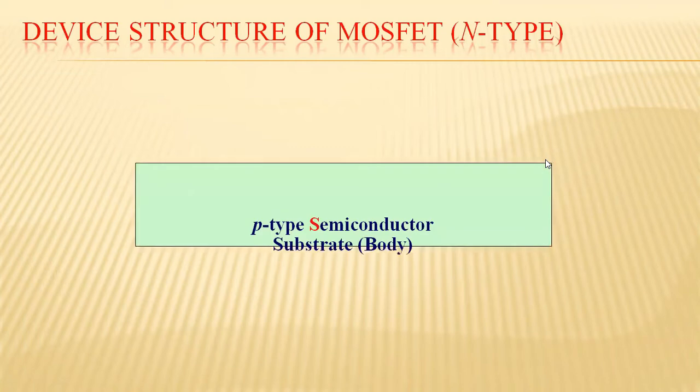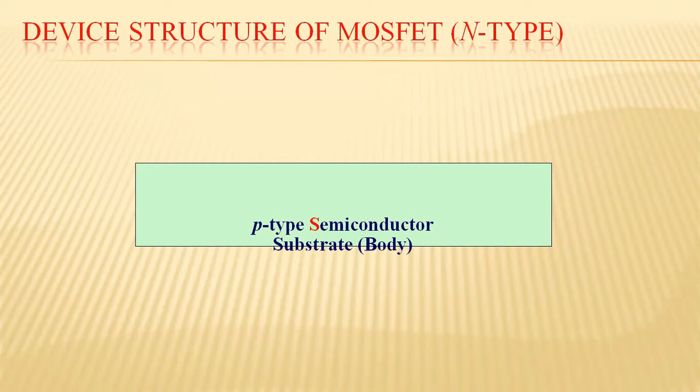Next, let us see the N-channel MOSFET. So first we will see enhancement mode. N-type enhancement mode MOSFET. So in this construction, for N-channel, a P-type substrate will be taken.